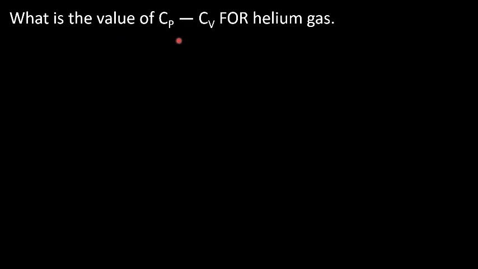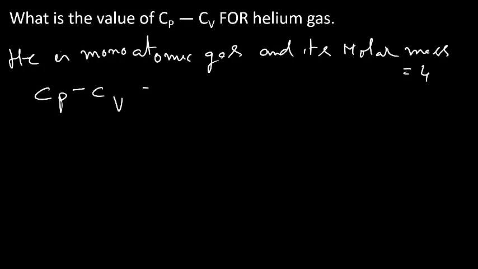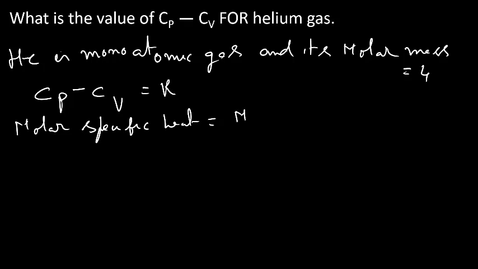What is the value of Cp minus Cv for helium gas? So helium is monoatomic gas and its molar mass is equal to 4. What is the relation between Cp and Cv? Cp minus Cv equal to R. Molar specific heat is equal to molar mass into Cp and molar mass into Cv.